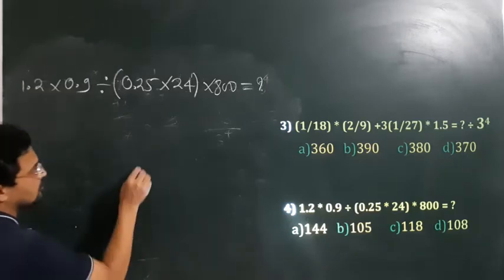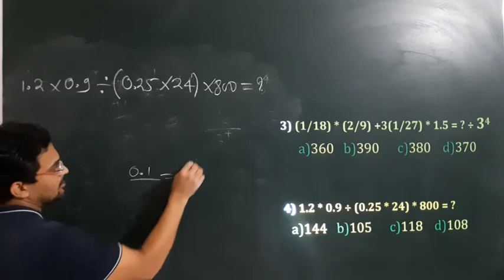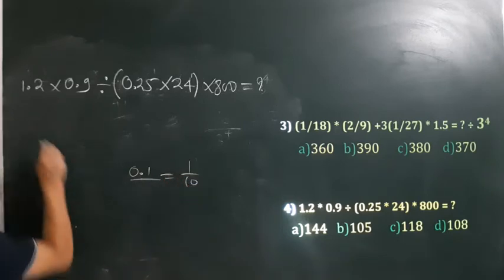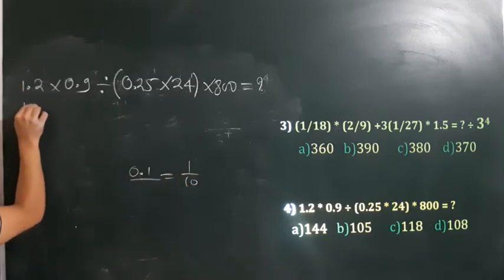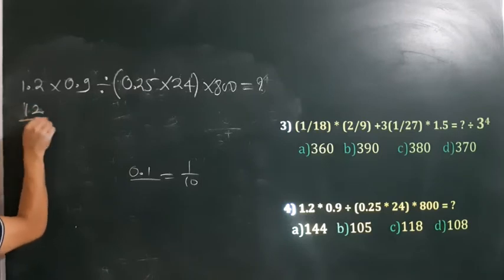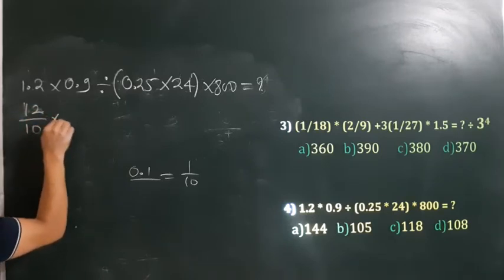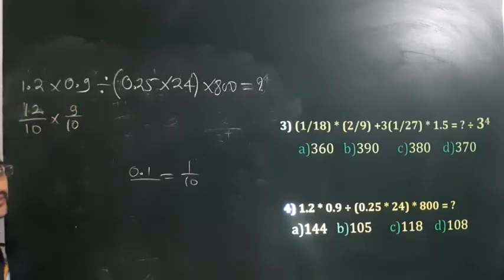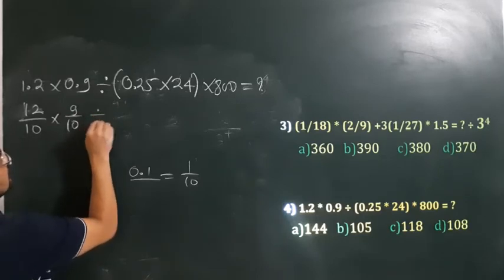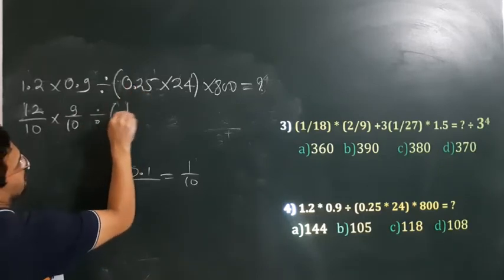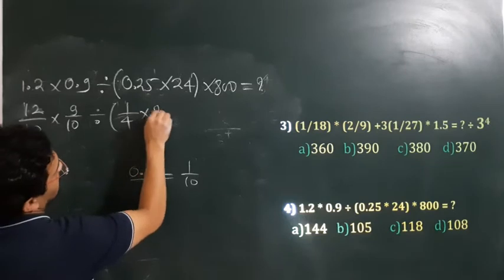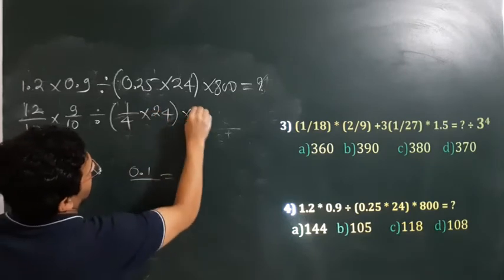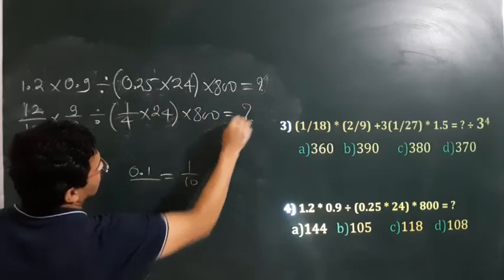As I told you, 0.1 can be written as 1 upon 10. Similarly, 1.2 can be written as 12 divided by 10 into 9 divided by 10, to make it easy, nothing else. And 0.25 can be written as 1 upon 4, multiplied by 24 multiplied by 800 is equal to what?